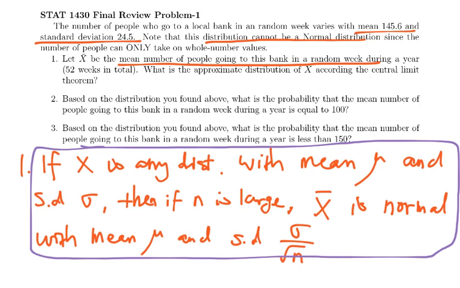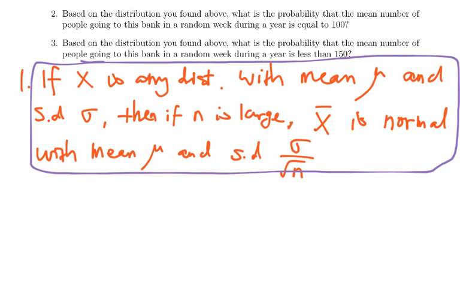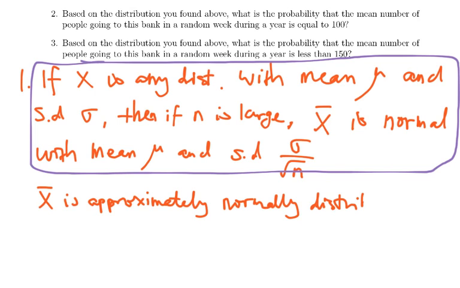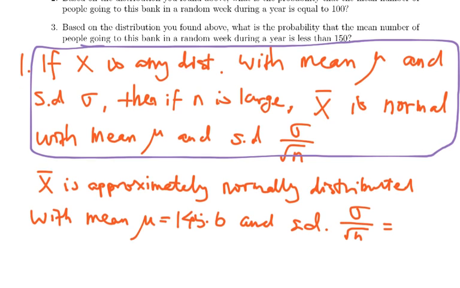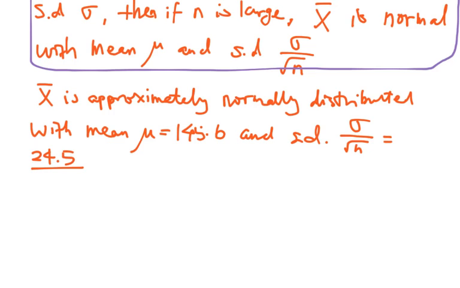Okay, now because x bar is the mean number of the people going to this bank in a random week, and from the given condition, we know that x bar is approximately normally distributed with mean mu equal to 145.6 and standard deviation of sigma over root n, that is 24.5 over square root of 52, and this is about 3.398.